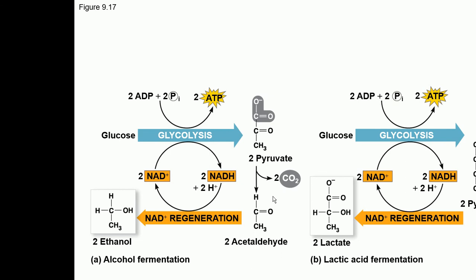And in both these processes, NAD plus is regenerated, because if NAD plus is not regenerated, the process of glycolysis will stop, because NAD plus is an electron carrier. Energy is in the form of high energy electrons, and these electrons need to be carried by electron carriers, and when they carry these electrons, they get reduced, so eventually they need to be reoxidized again.